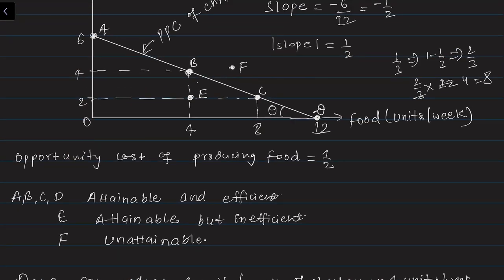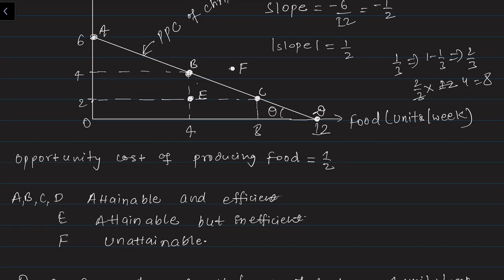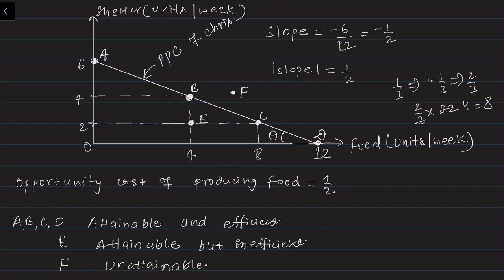Now let's check for the points E, which is below the line, and F, which is above the line. So now the point E is attainable because we can produce 2 units of shelter and 4 units of food, right? But this is not on the line, this is below the line, so this is inefficient. There will be some wastage of time.